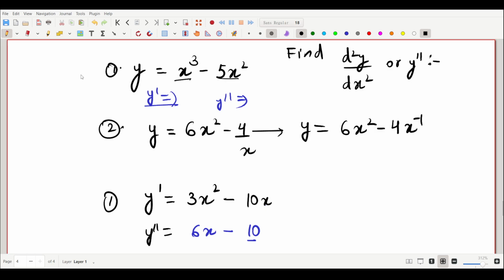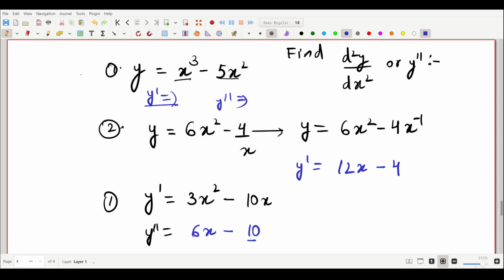So let's find the y dash. 6x square. So 6 as it is, 2 will come down. 2 times 6 is 12. The power of x becomes 2 minus 1, so only x. Minus 4 as it is.